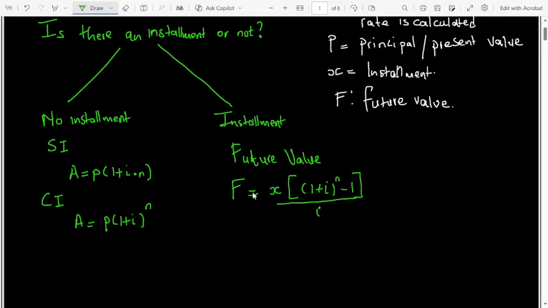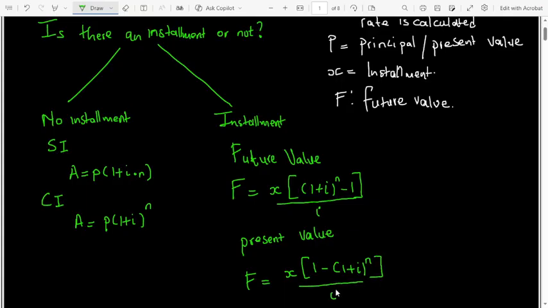So it's either going to be a future value or a present value. If you are making monthly installments, you're going to have a present value or a future value. For the present value, P will be equal to X. The difference is that this time we say 1 minus (1 plus I) to the power N, then close the bracket, everything divided by I. This is very important, so make sure you understand these things.